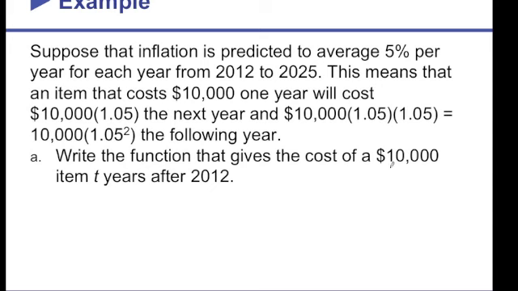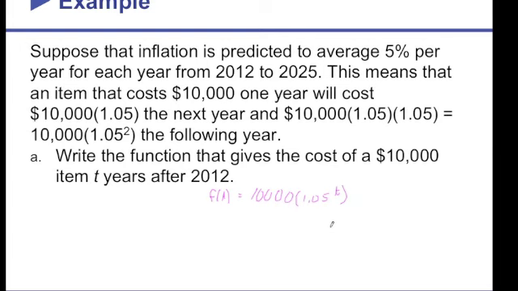Write the function that gives the cost for a $10,000 item t years after 2012. We have that $10,000 item, we'll say this is f of t, and we're going to take that times 1.05 to the t power.